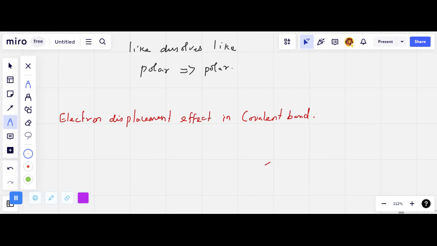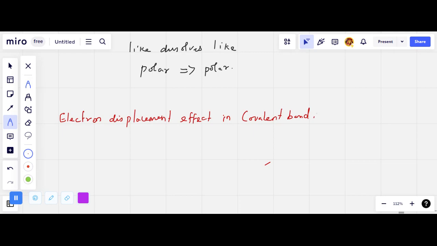So actually, the bonding pairs of covalent bonds in organic compounds undergo electronic displacement on their own, or under the influence of an attacking reagent. So the electron movement may happen on its own, or it may happen in the presence of an attacking reagent. This electronic displacement is because of the presence of an atom in a molecule.